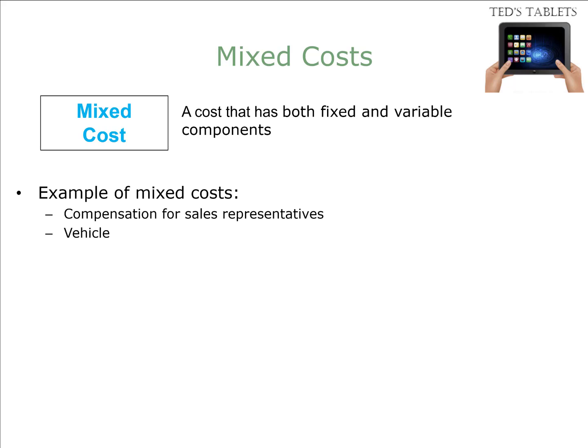Vehicles are another example. The vehicle insurance would be the fixed cost, and your variable costs are things like gas, oil, and maintenance that are based on the number of miles driven. Another example is a cell phone plan that charges a set amount per month, plus additional charges per minute of use.